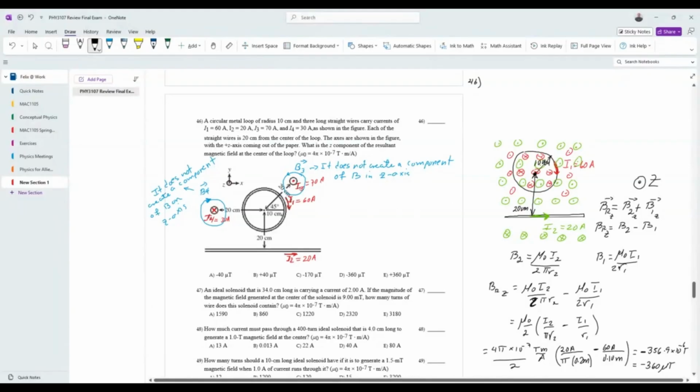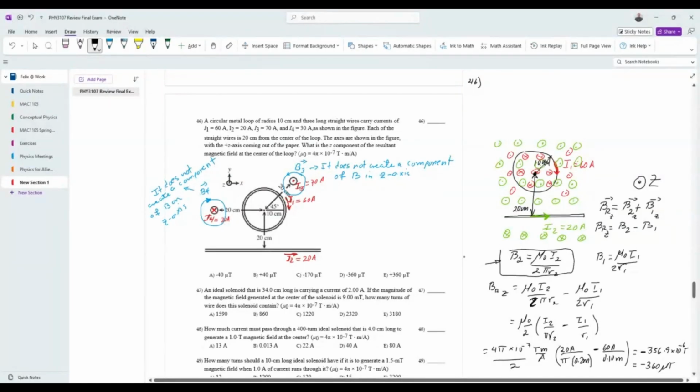But the key in this exercise is to recognize that these currents I3 and I4 have a magnetic field that is in the same plane as this loop, so they cannot create a Z component of magnetic field. So the only possible Z component of magnetic field is due to the straight wire that you see here below and the loop. And the formulas are different. So the field due to the straight wire is this one.